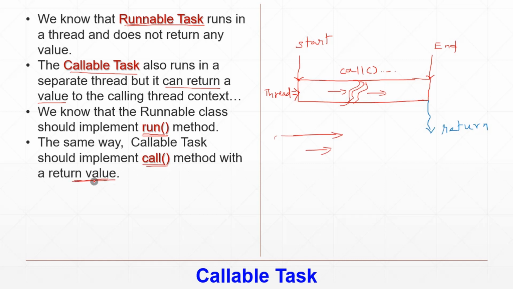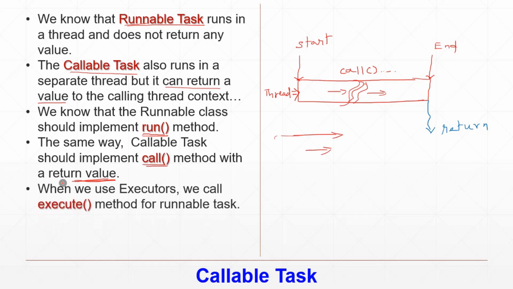The run method, we know, is a void method, it will not return any value, but the call method will return a value to the caller. And this is also an override, and the class will implement the callable interface.